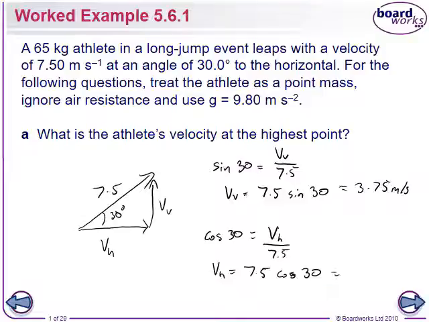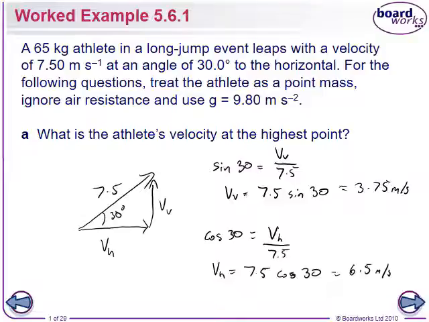And this one is going to be 7.5 times cos 30, about 6.5. Okay, so the first thing we've done is broken down our initial velocity vector into the horizontal and vertical components. You're going to see why this is so important in a second.